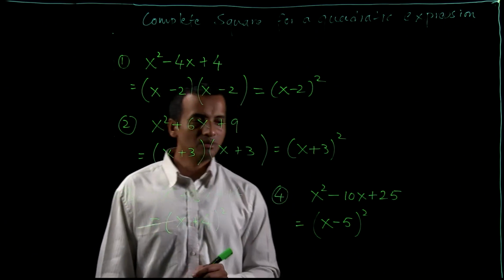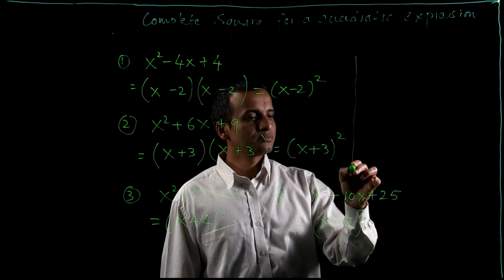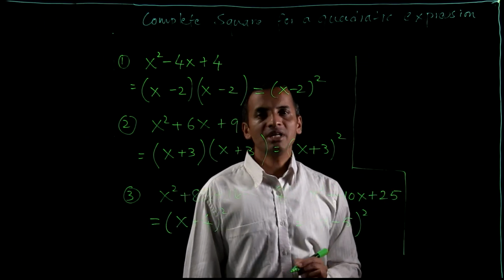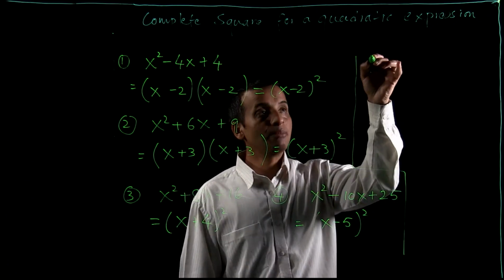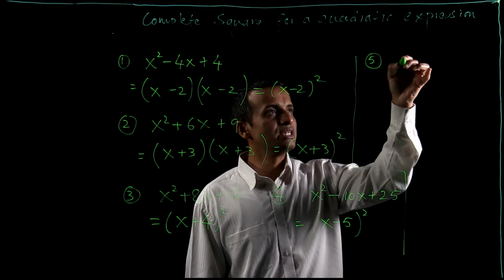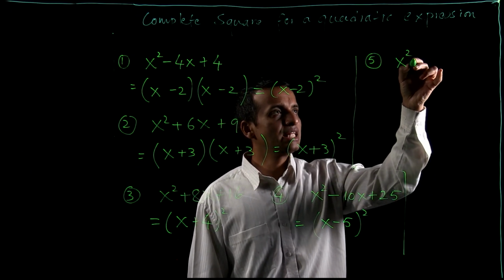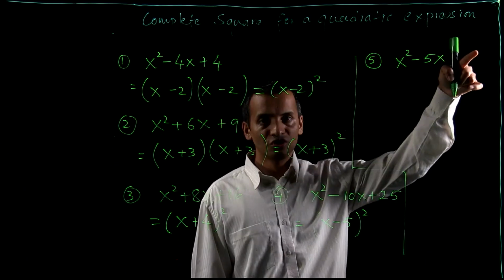Let me give you one final example. Sometimes you may have only two terms. Example number 5: how would you complete the square for x squared minus 5x? There is no constant term.